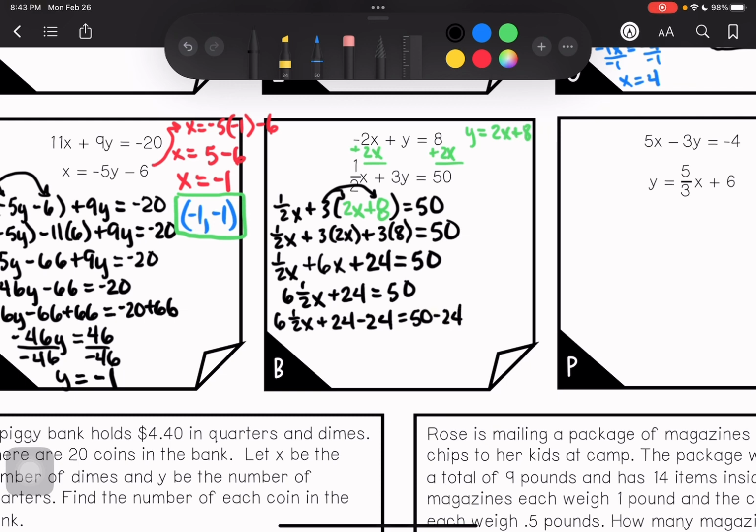That gives me 6.5x equals 26. If I make this an improper fraction, remember you multiply, add, keep the same denominator. So 6 times 2 is 12. 12 plus 1 is 13. That's 13/2 x equals 26. In order to get x by itself, you want to multiply both sides by the reciprocal, which would be 2 over 13.